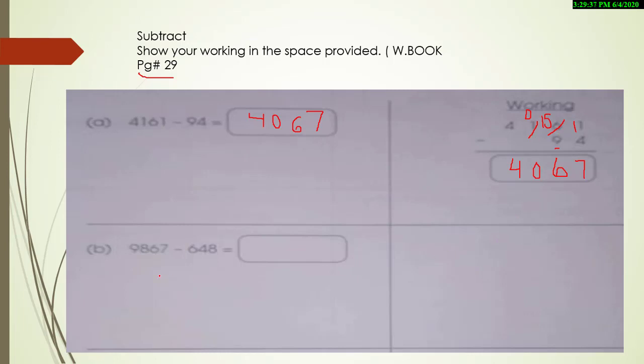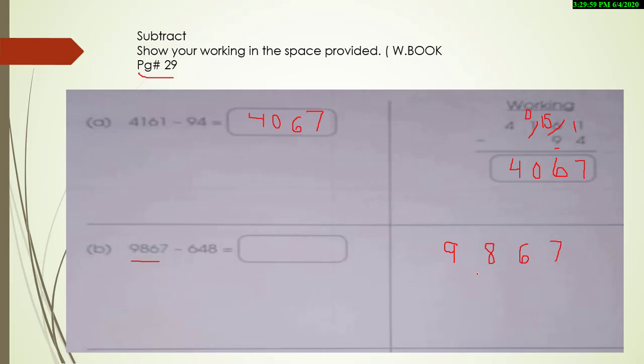Look at me how I am writing this number, 9867. Okay, I'm going to start at this corner. I'm going to write down 9. Then I'm leaving a space and I'm mentioning 8. Then I'm again leaving a space and I'm mentioning 6. And then I'm going to mention number 7.